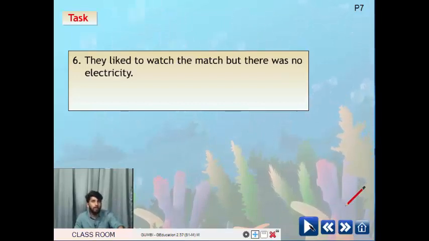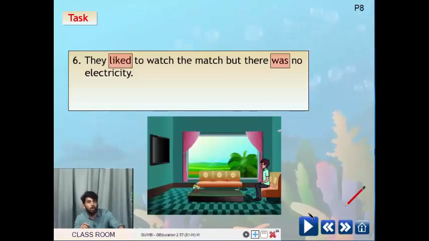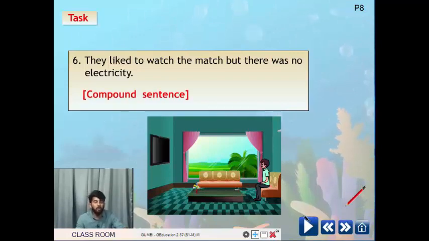There's only one subject, but there are two verbs. Liked to watch, and there was. So this is a compound sentence. What are the two different simple sentences?